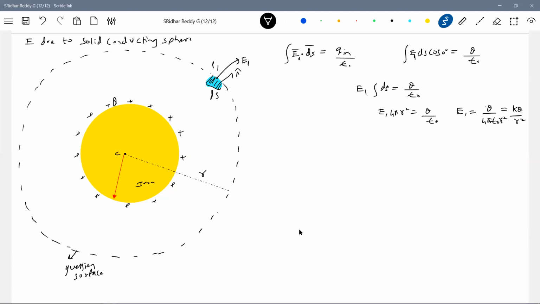And it will be radially outward. So how do we have to show the lines of force? Small diagram. The lines of force should be radially outward.